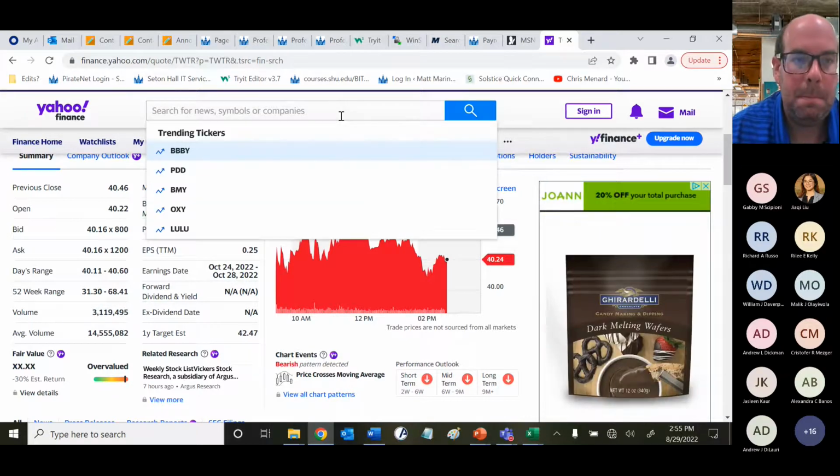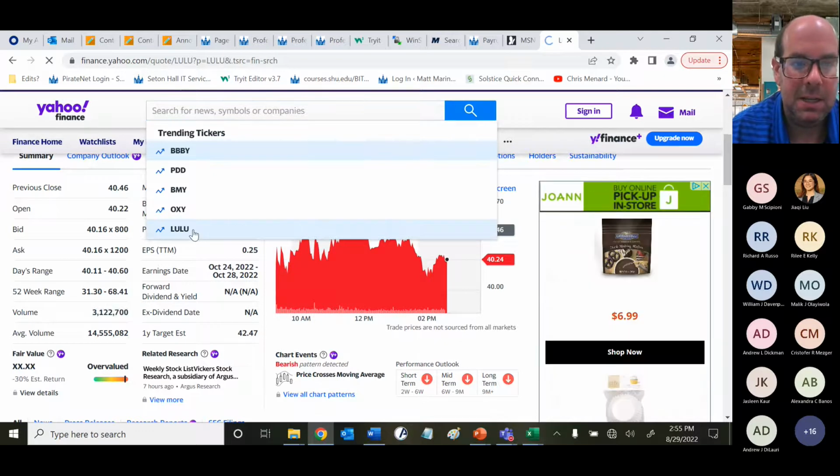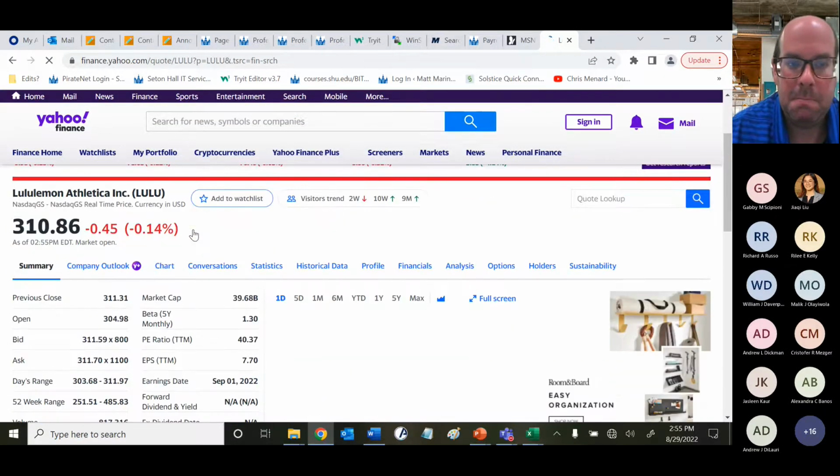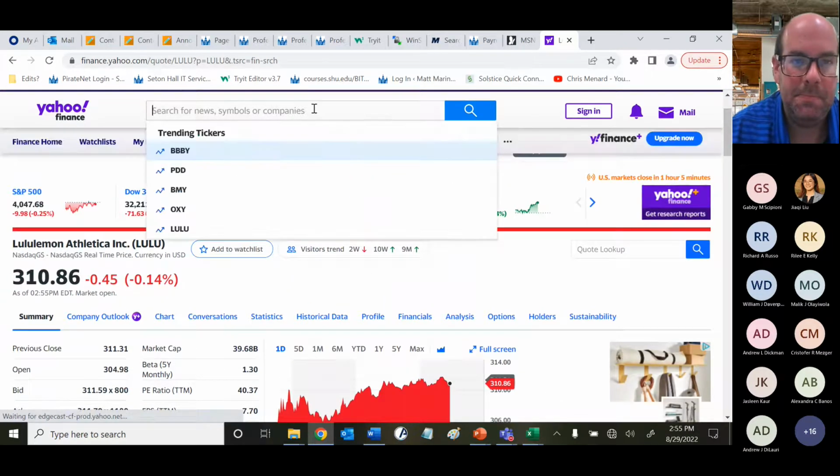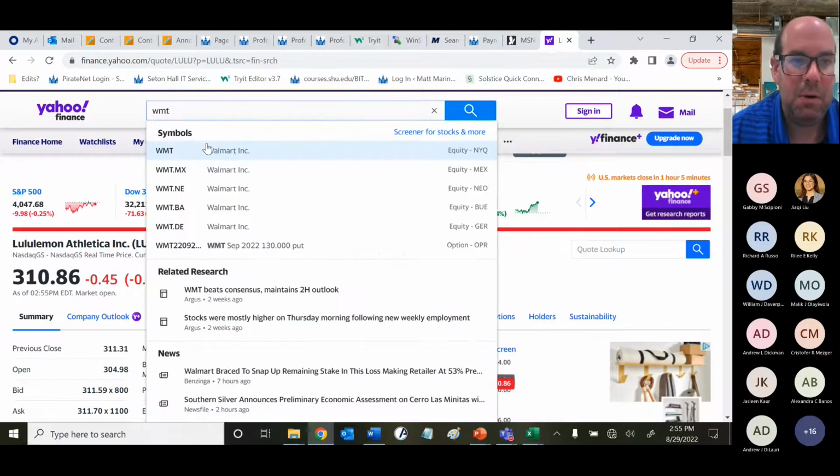So let's see if Lululemon has a dividend. Okay. Maybe Walmart has one.